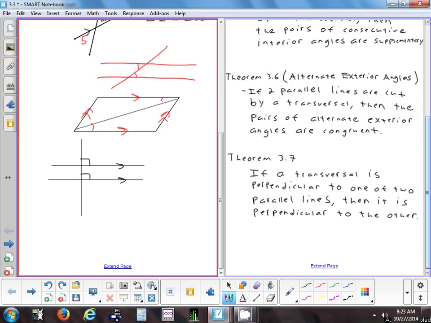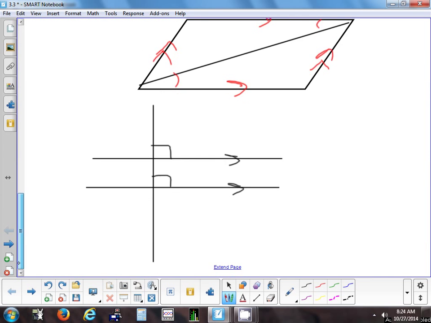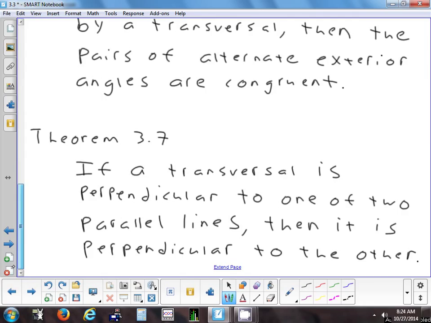That makes them both perpendicular to that transversal. So that'd be a very easy proof, theorem 3.7. Okay, any questions on those theorems?